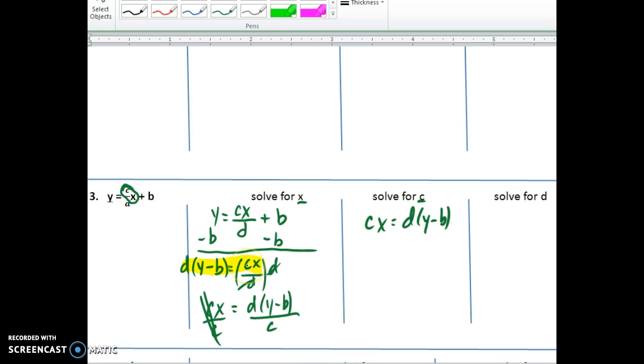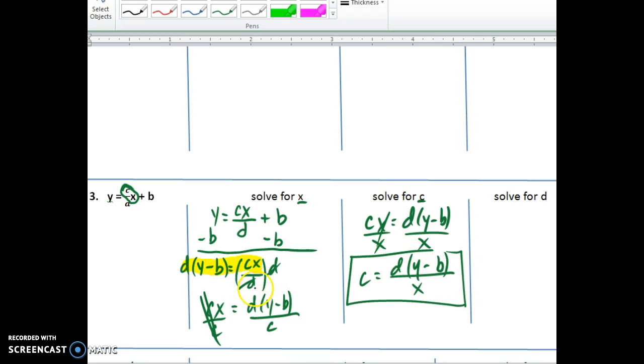I had that over there, I just highlighted it, and now it's easy to solve for c. I just have to divide by x, and now I have c equals d times the quantity y minus b divided by x. And so there's my answer for that. Realizing over here, I should be clear about what my answer is for x there.